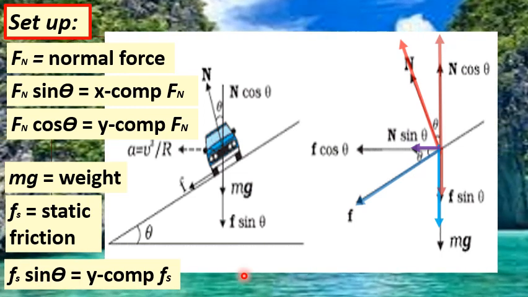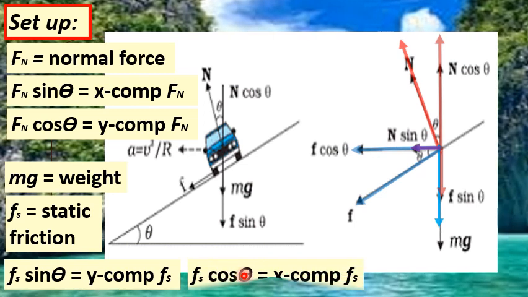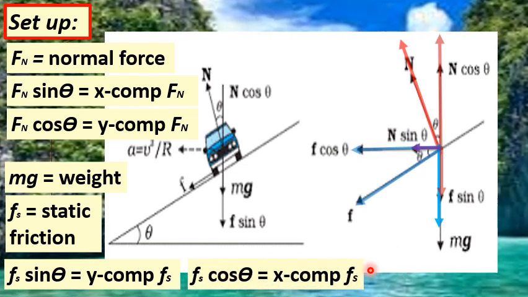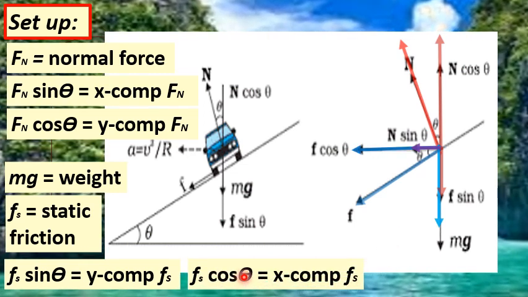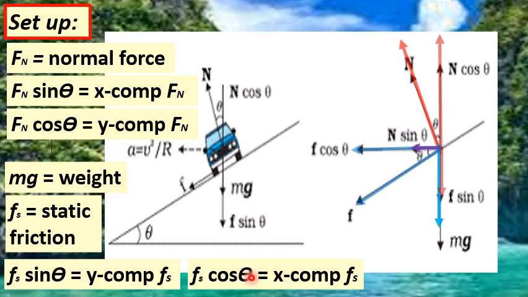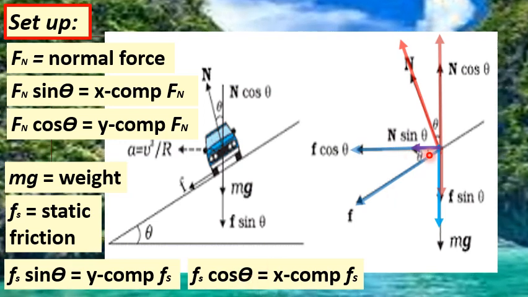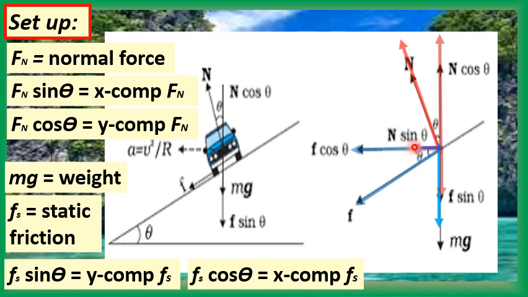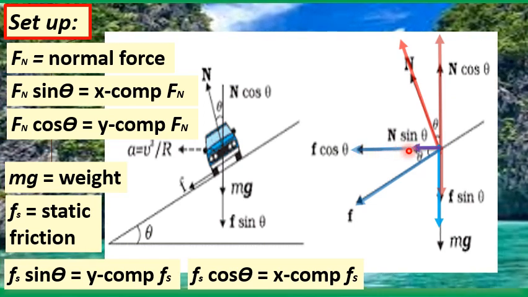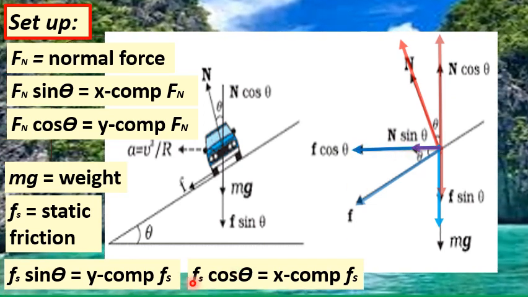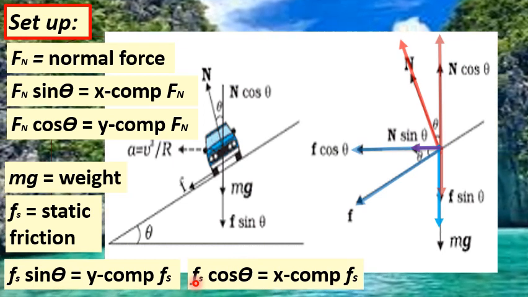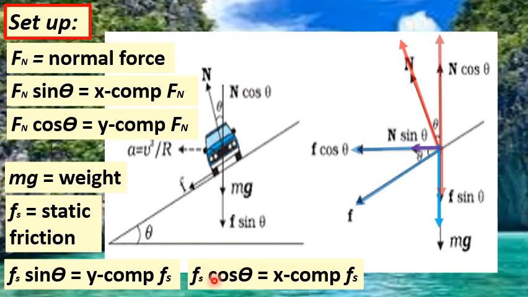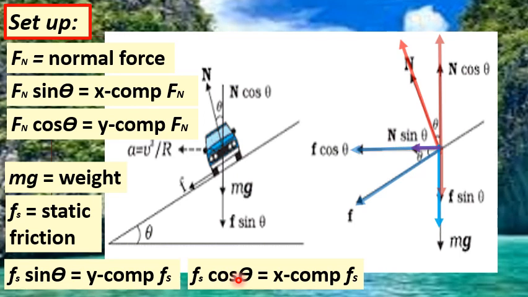And its x component is directed along the negative x-axis, and it is expressed here as F sub s, or static friction, multiplied by the cosine of the angle theta.